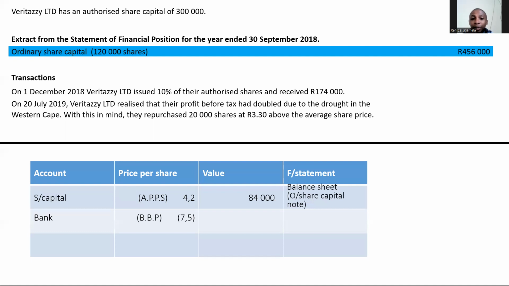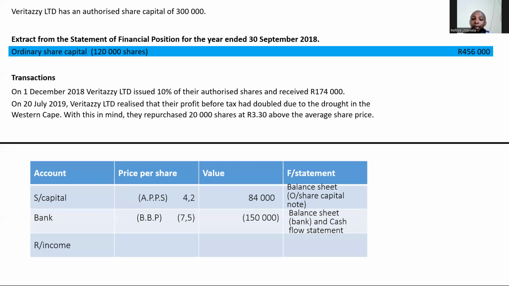You will take that 7.50 and multiply it by 20,000, and that will simply give us bank, and bank will be 150,000. That will reduce our bank, and when we take it to the cash flow statement, it will be a cash outflow. Now, when you take your share capital and you look at what you have paid, know that that 4.20 signifies what we received from the shareholders when we issued shares.